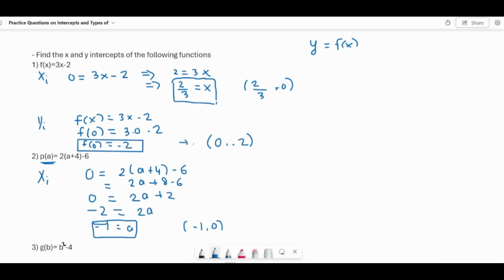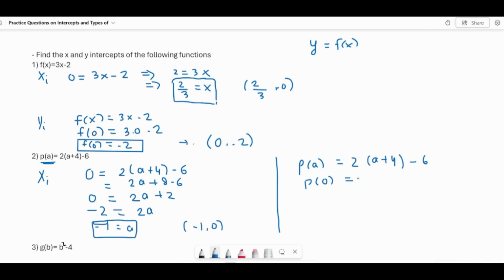Okay. Now to find the y-intercept, we will do the same thing as we did in the last question. The original function is p of a equals 2 times (a plus 4) minus 6. In the case of y-intercept, the input is always 0. In this function, the input is a, so we will replace a with 0.